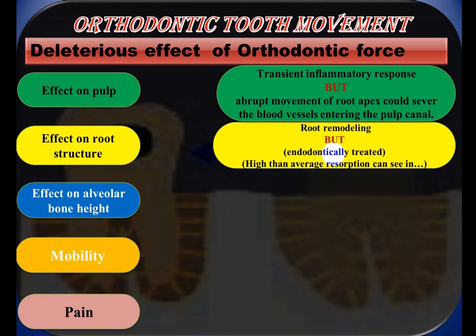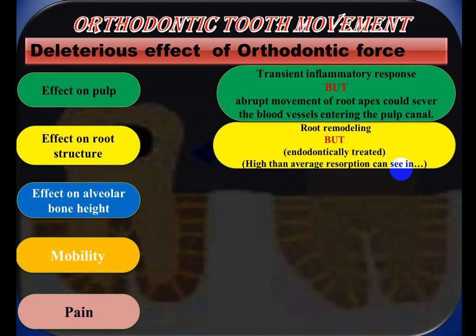Also, the study explains that a high average of resorption of the roots will occur if we have one of the following conditions in the root of the teeth subjected to orthodontic force.